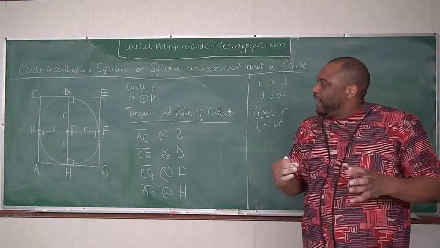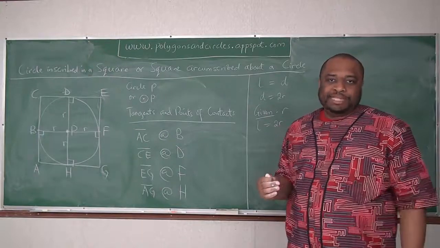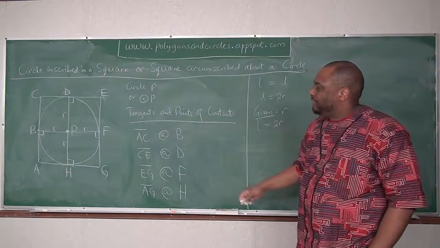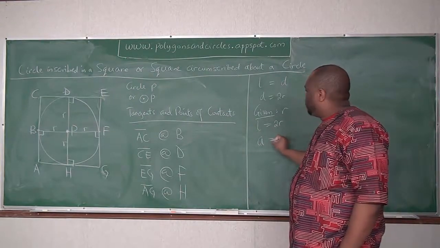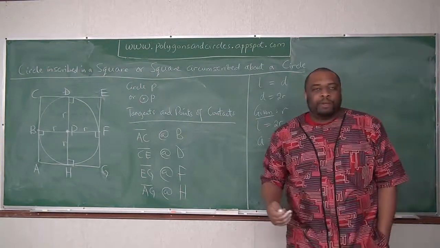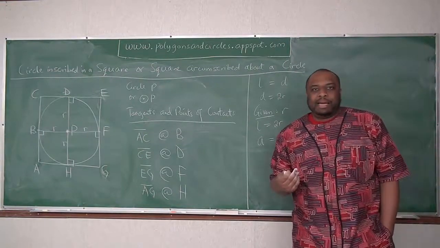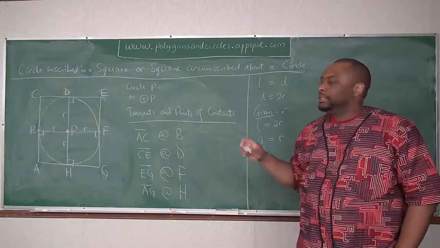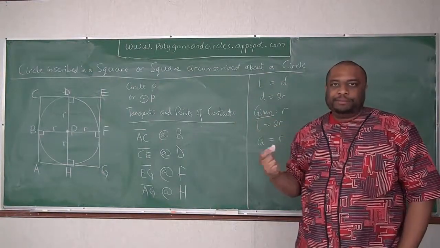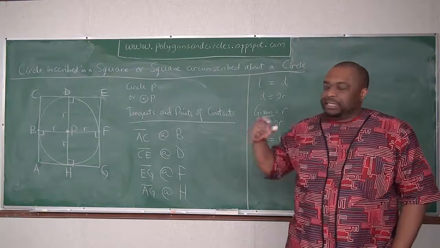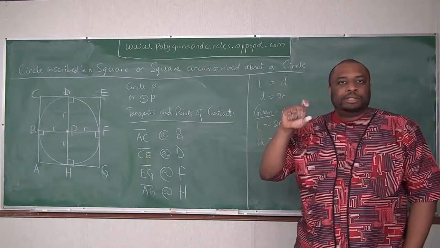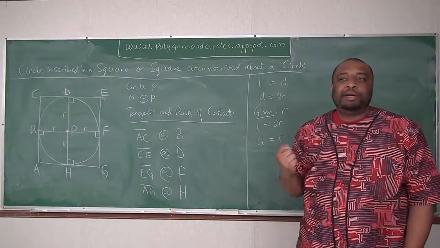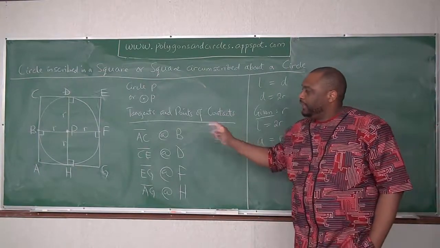And then for my definition of apothem, the apothem of the square is also the radius of the circle. Remember, the apothem of a regular polygon is the perpendicular distance from the center of the polygon to a side.